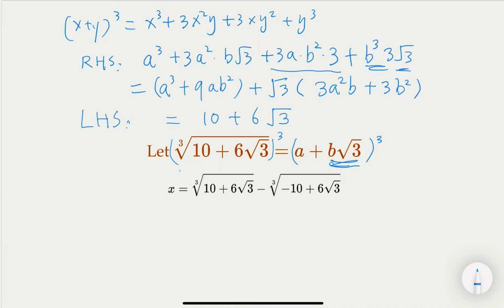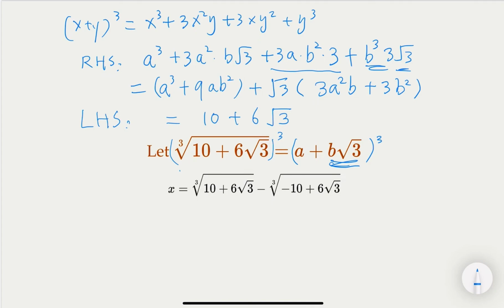So, you can try trial and error here. Actually, if you set b equal to 1, then what you get is that you would like a to equal 1 in this case. So ab equals 1, and then it matches up.